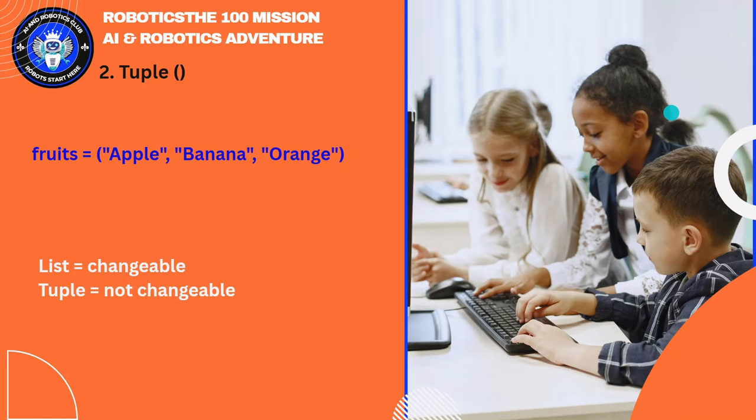Remember, it looks very similar to a list, but instead of square brackets we use parentheses. So parentheses will make us understand that this is a tuple, and when we are going to print, it is going to print the same thing.